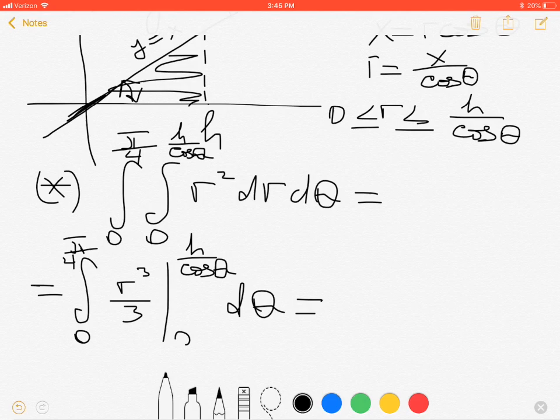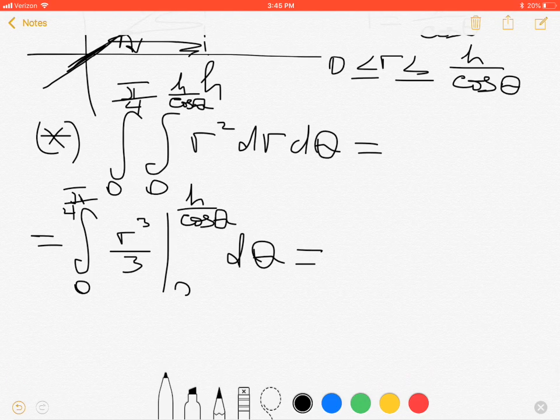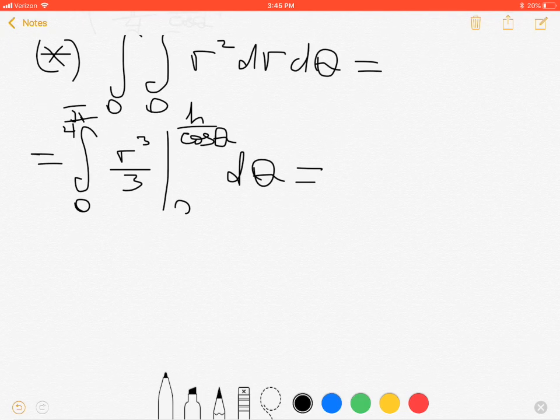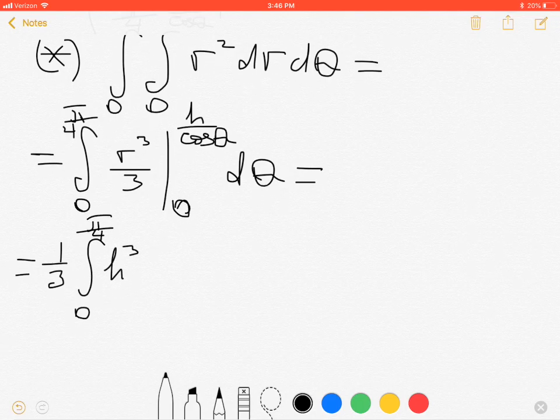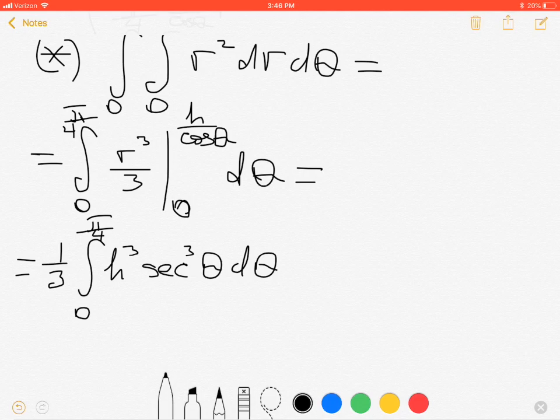This means here I can rewrite it like 1/3 integral from 0 to pi over 4, I have h cubed divided by cosine cubed, which means multiplied by secant cubed theta d theta.